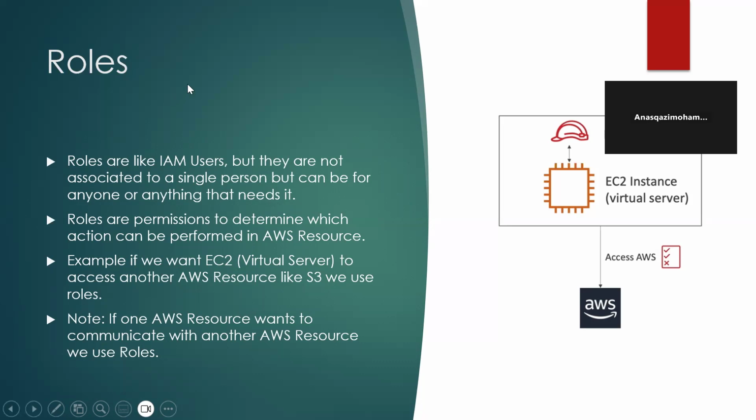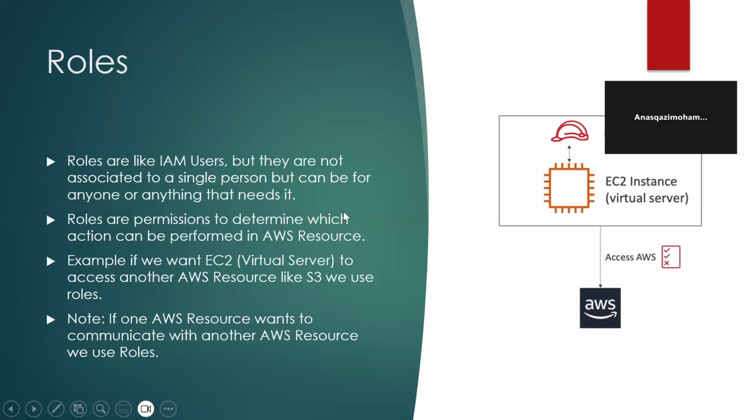I would create a role wherein I select that the EC2 instance should be in a position to interact with the S3 service, and I attach the role to the EC2 instance. This is how roles work. So for one service in AWS to interact with another service in AWS, we create a role as well. That's how things work in the AWS environment.